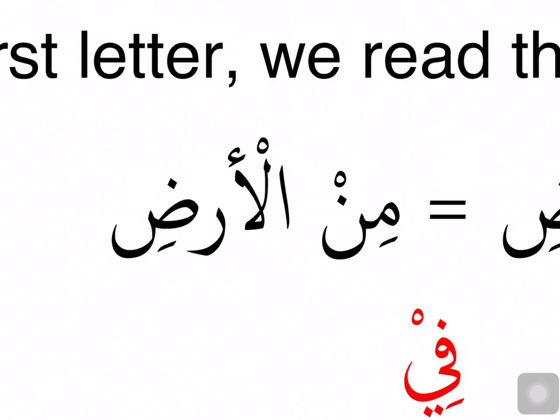Noon has a sukoon. Hamzatul wasl has to be dropped because whenever I'm connecting a word that has hamzatul wasl with something before it, I drop the hamzatul wasl. So noon has sukoon, hamzatul wasl, cross it out, lam has a sukoon. In Arabic, iltiqa as-sakinain, meeting of two sukoons, is not allowed.